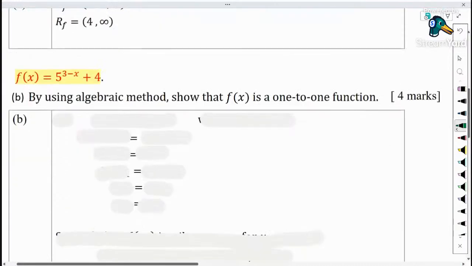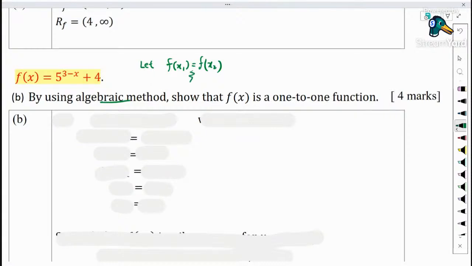Then by algebraic methods, show that f(x) is a one-to-one function. What we're trying to do here is let, I use the word let to replace the word consider, f(x1) equals f(x2). We suspect that x1 gives the same y value as x2.